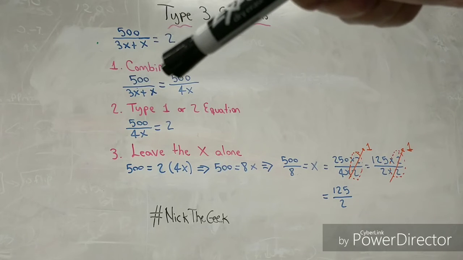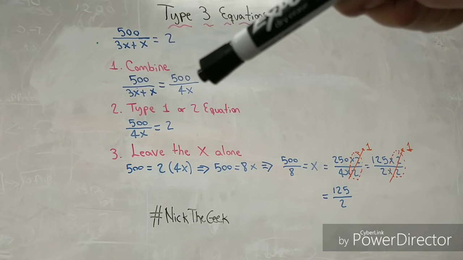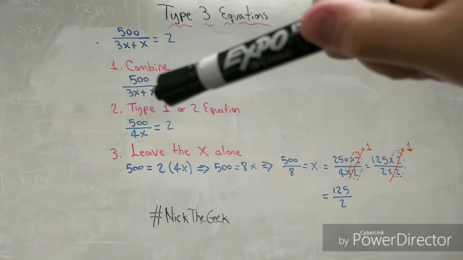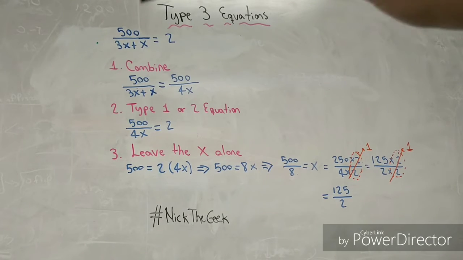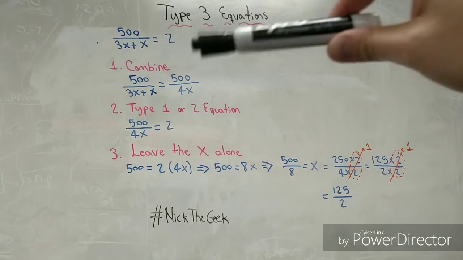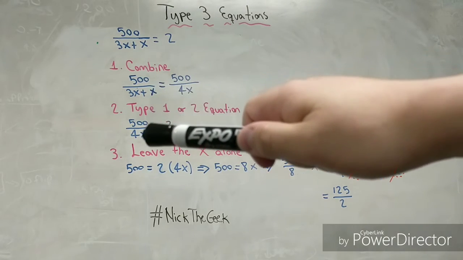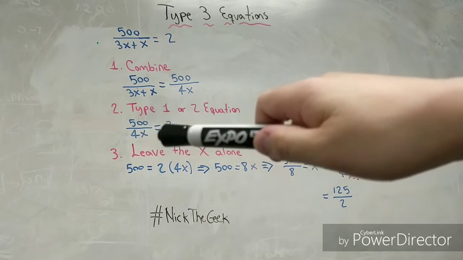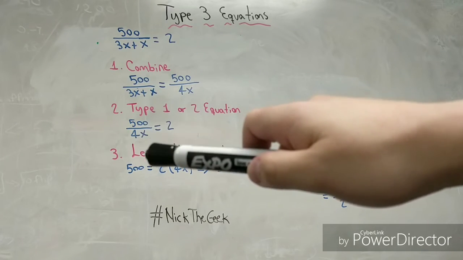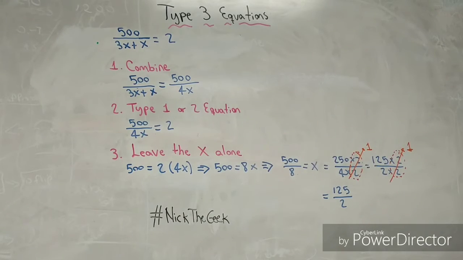So 3x plus x, 3 plus 1 is going to be 4, and the x remains. The number in the top part cannot be combined because the number is alone, it doesn't have a variable. So now we have a type 1 or 2 equation: 500 divided by 4x equals 2.